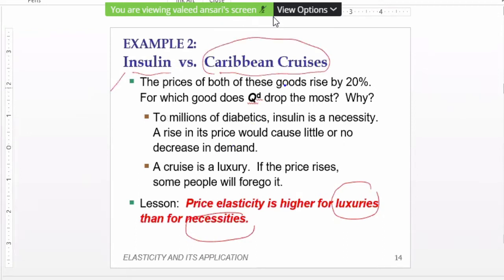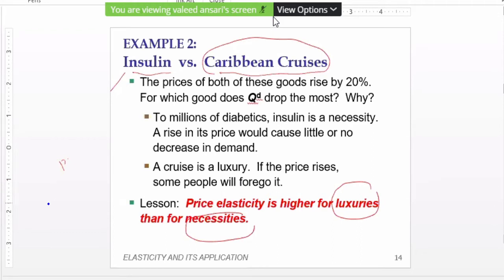So price elasticity is higher for luxuries than for necessities. If a good is an essential item, people may continue to buy it. The patient may not do away with insulin, whereas if the price of a trip increases, people may postpone it, because one will not die if one does not undertake a trip.